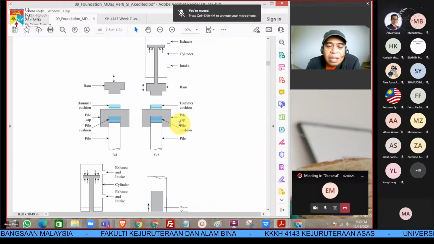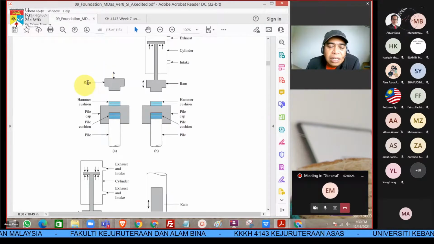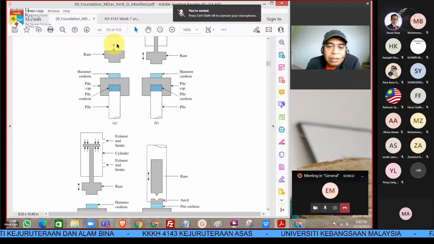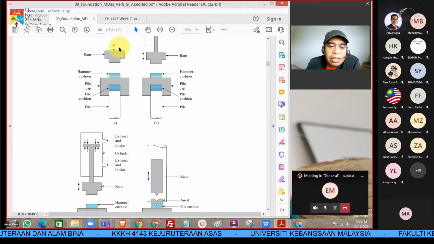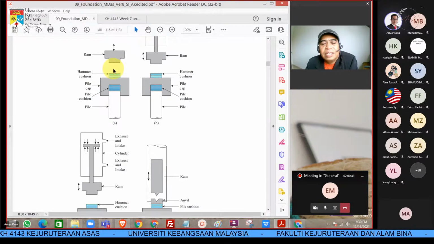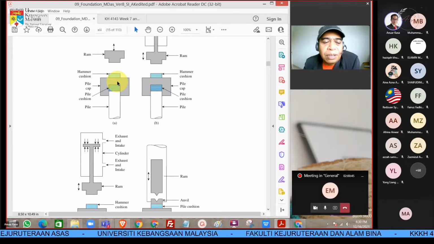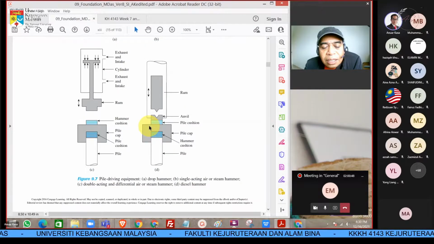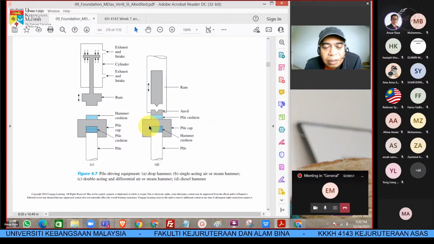For example, this one is the hammer, where we have a ram here and we have a cushion, so that the pile cap is not going to split. So we just hammer on the top of the pile cap. Okay, these are methods of installing the pile.